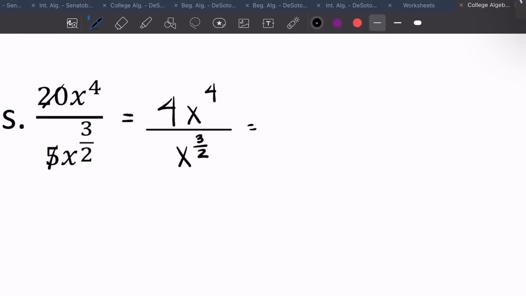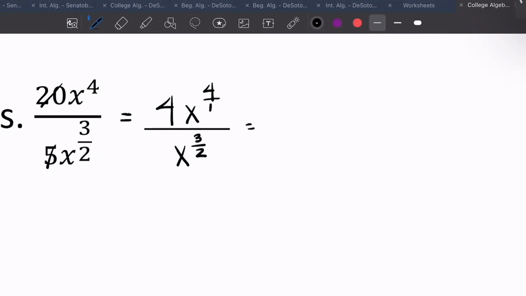So we need a common denominator between 4 over 1 and 3/2. That's obviously going to be 2 because we're dealing with 2 and 1. So we're going to say that our numerator needs to be multiplied by 2. So we get 4x to the 8 over 2 over x to the 3/2.